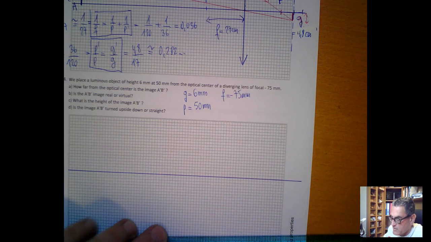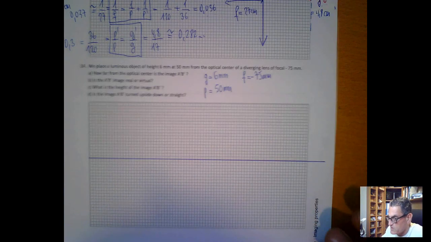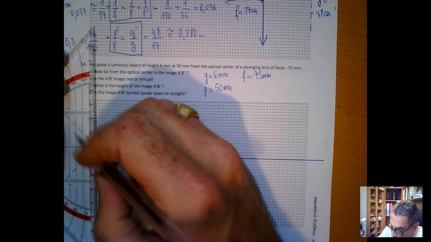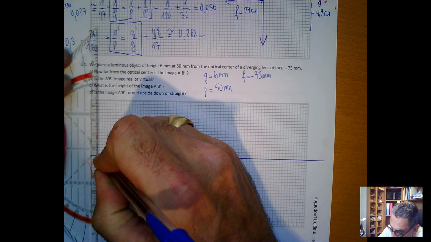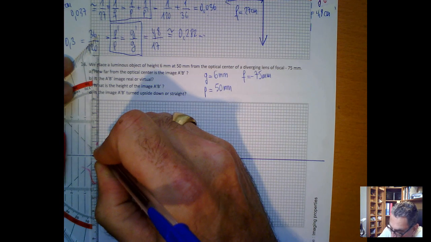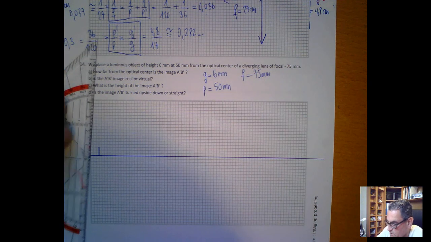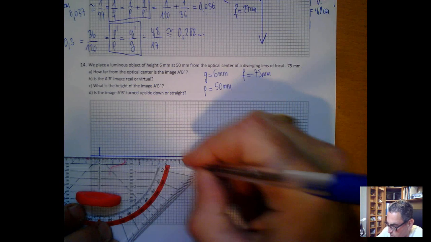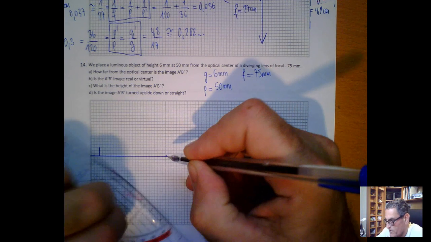Okay, on that optical axis I can put some object which is 6 millimeters high. So let's take the object to be here, and 6 millimeters, that's 3 of these small squares on my drawing. Then we have 50 millimeters from this object, therefore here.